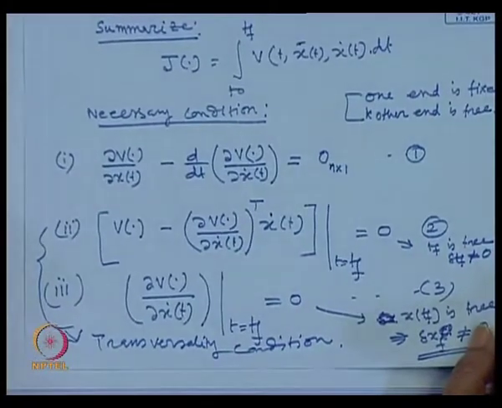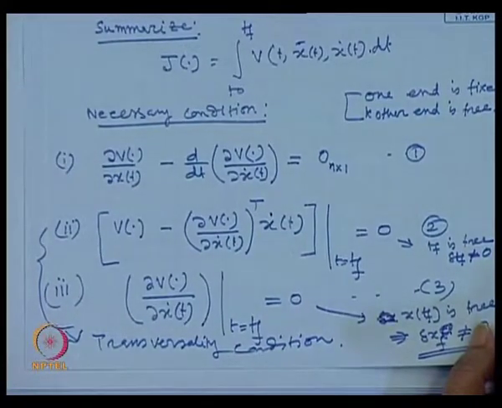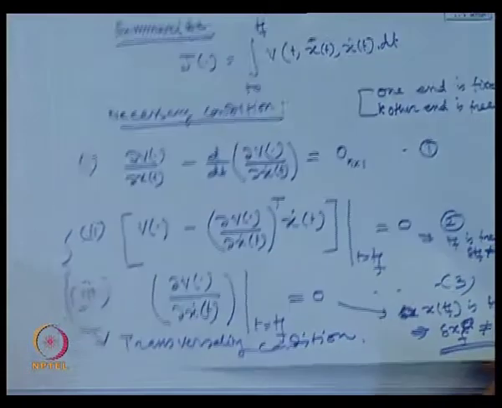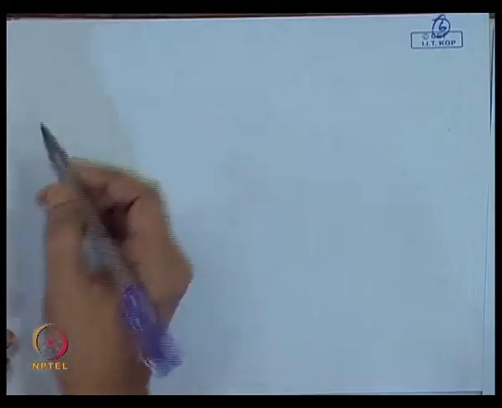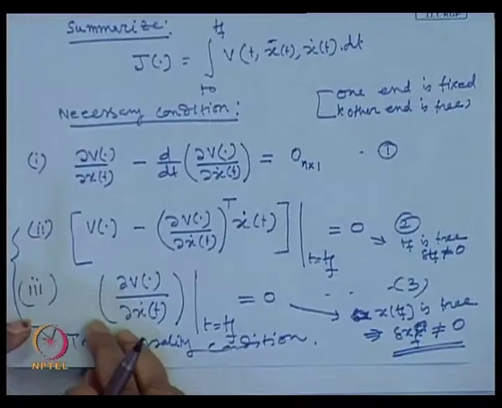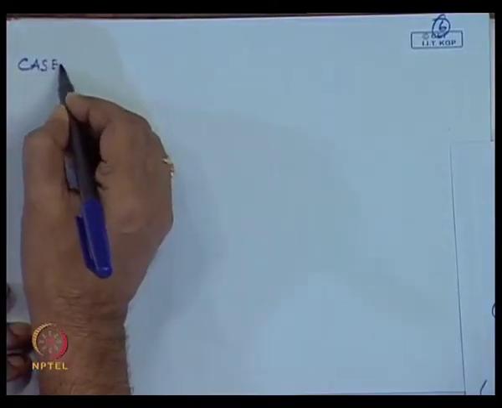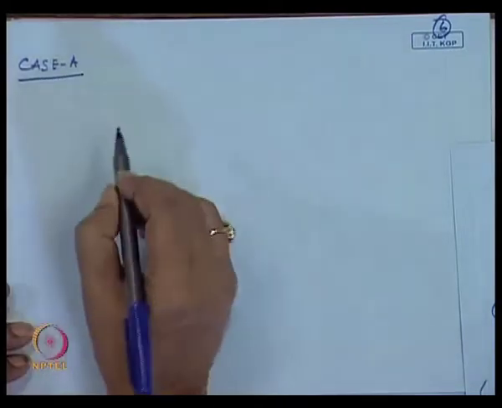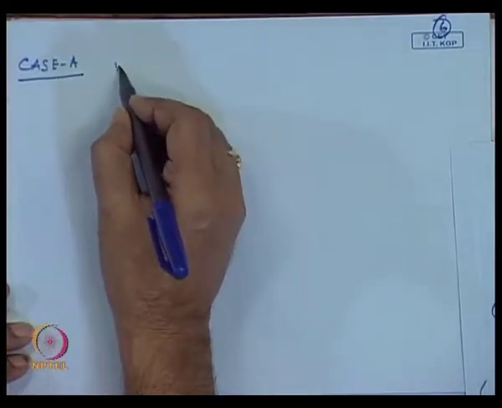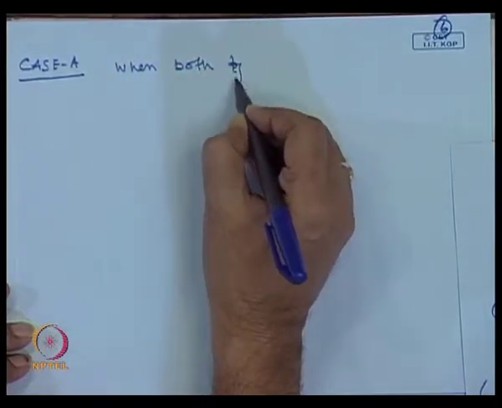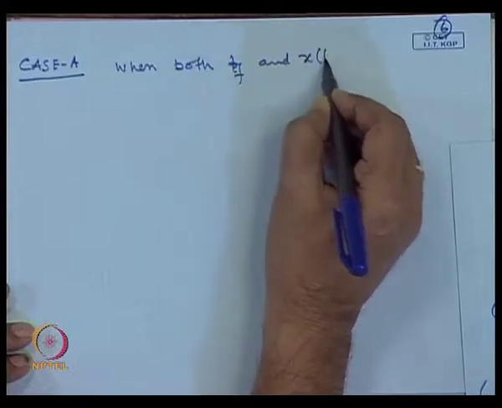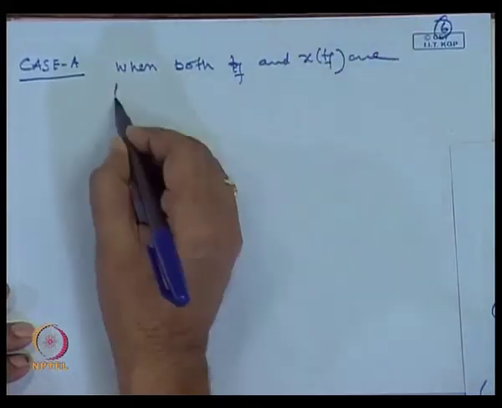So now we will take different cases. Let us consider case A. What is case A? Case A is when both T f and x of T f are free.